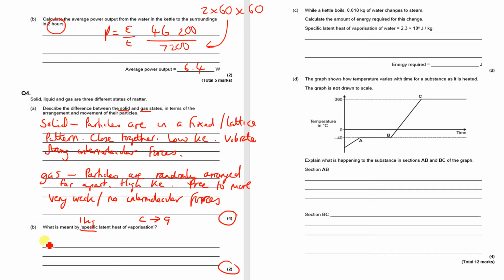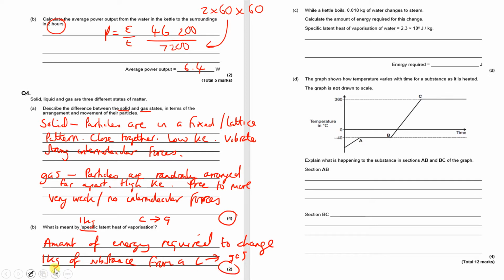So it's the amount of energy required to change 1 kilogram of substance from a liquid, I'm just going to put L for liquid, to a gas. Okay, so the fact that we put 1 kilogram in there is going to get us an extra mark because the word specific is there.